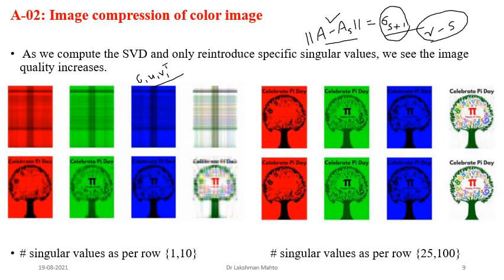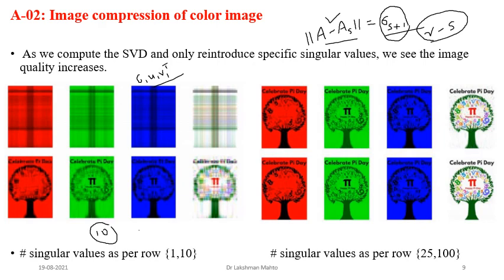In the second row, on the left side, we have taken 10 singular values, so we get 10 rank one matrices, and the total rank of this approximated matrix would be 10. On the right-hand side we have taken 25, which gives a better approximation than the previous one.